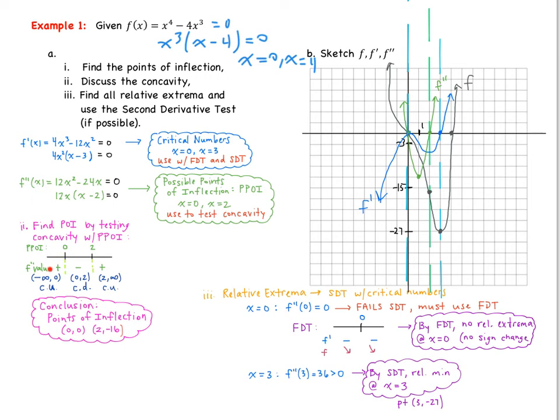We know f double prime is positive from negative infinity to 0, negative from 0 to 2, and positive from 2 on. We had to do a little bit of work to find that the vertex is at 1, negative 12. We have our two zeros, so we can go ahead and graph our parabola like so.